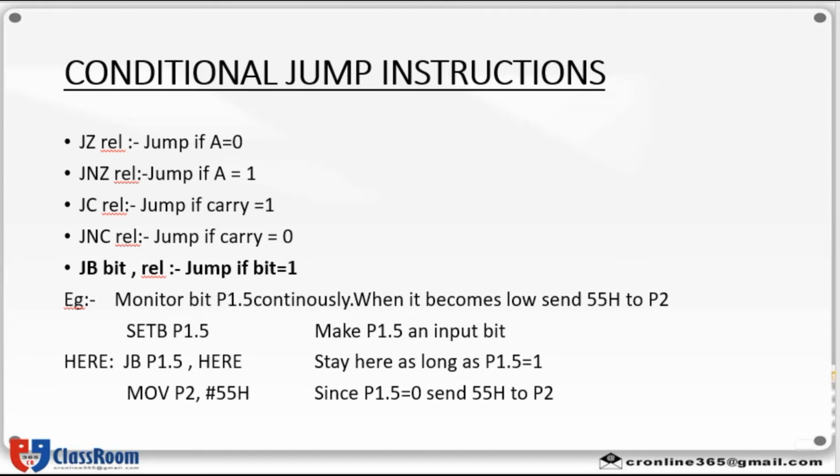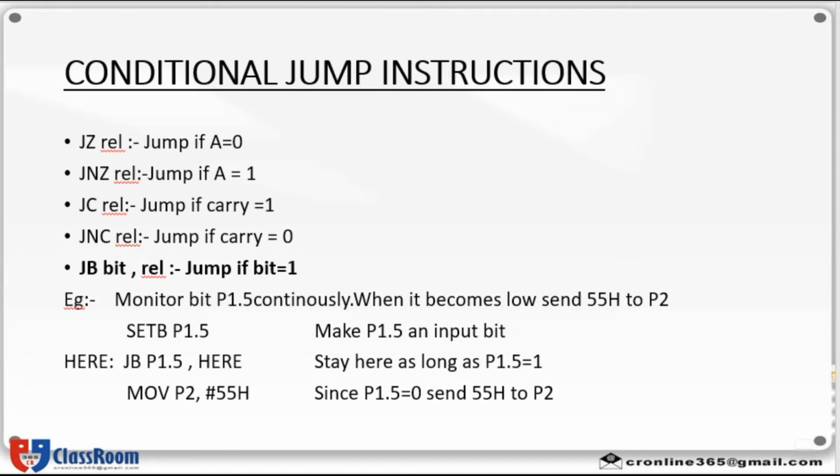JZ means jump on 0. This instruction is related with the accumulator. Then second one, JNZ. JNZ relative means jump on non-zero to that particular address location. Non-zero means the accumulator is set as 1.